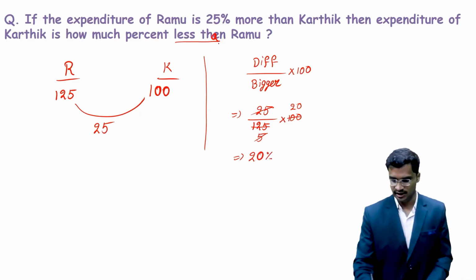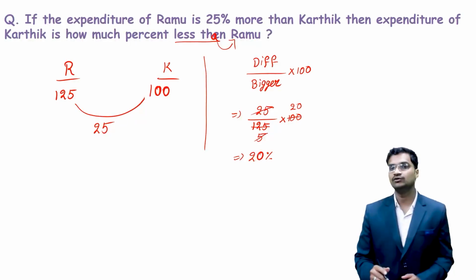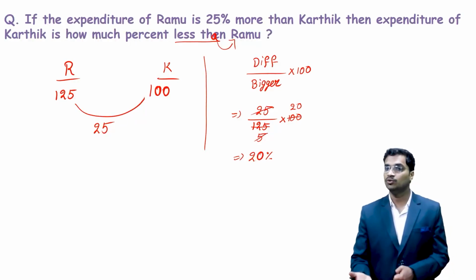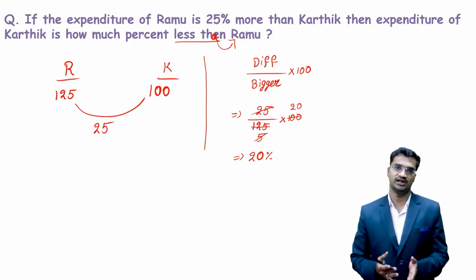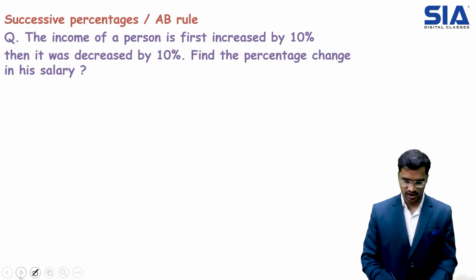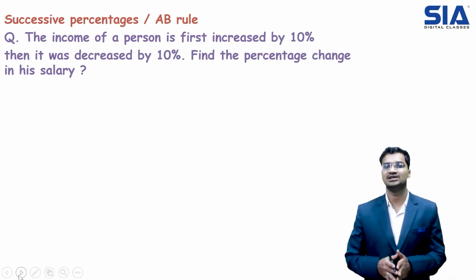Or I can say that in the denominator I have to write the value given after than, so the Ramu value is 125. After solving this, we get the answer of 20%. Now coming to the next model. The next model says successive percentages, or the AB rule.